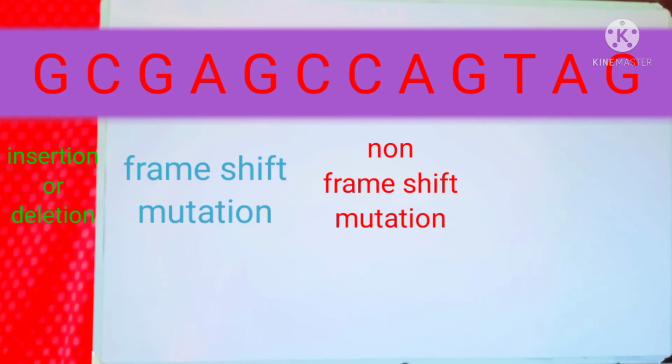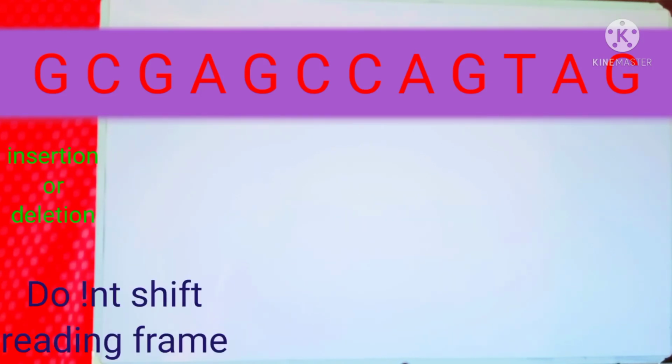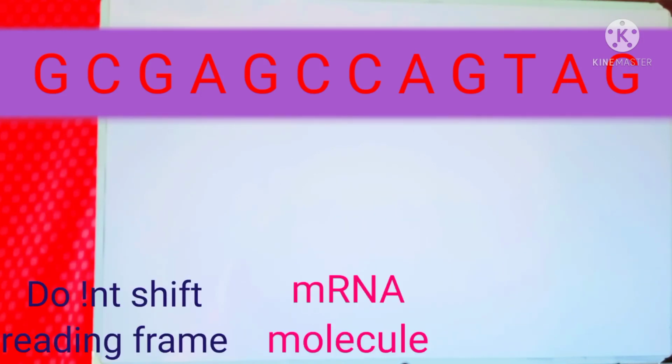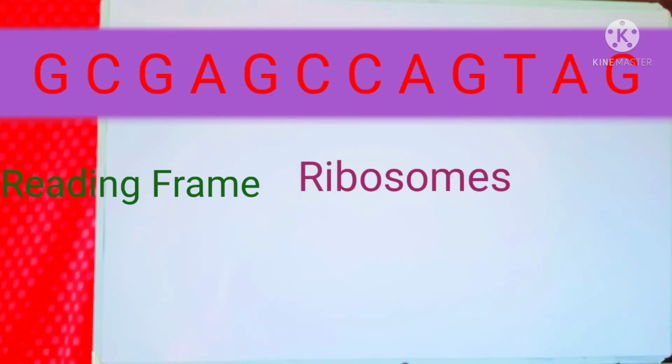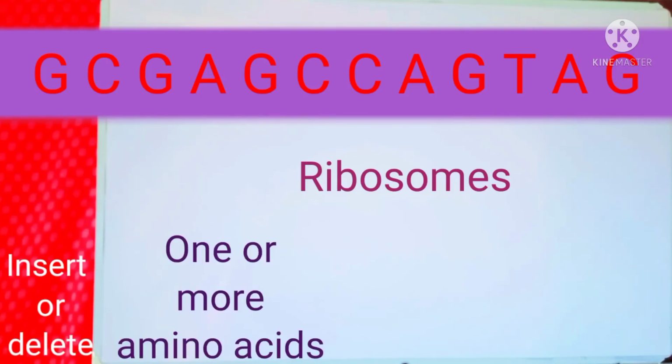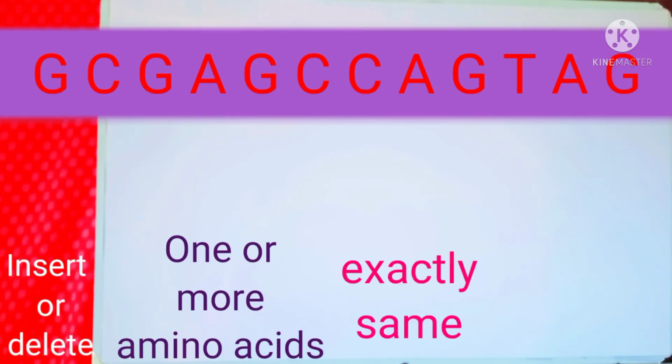That basically means they don't shift the reading frame of the messenger RNA molecule, the reading frame that is used by our ribosome. What we basically do is we insert or delete one or more amino acids, but all the other amino acids basically remain exactly the same.